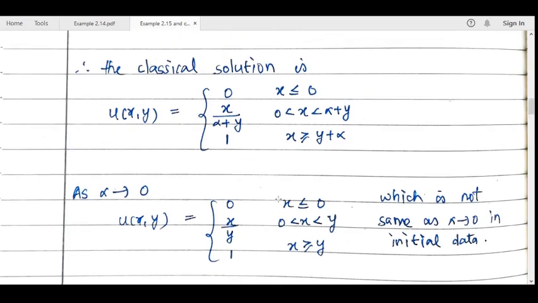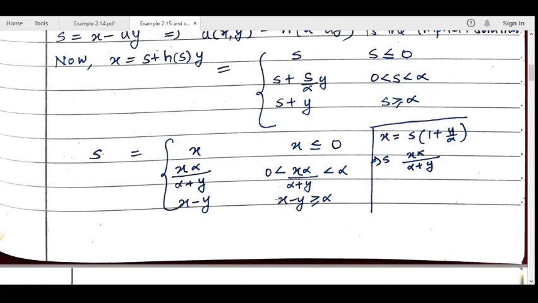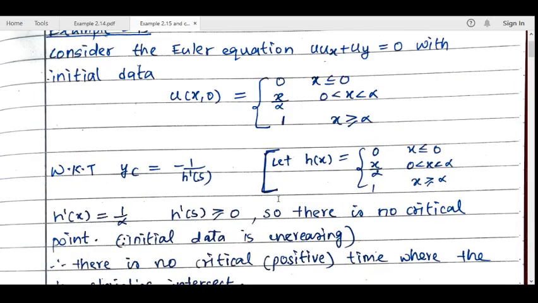But what about the initial condition? You can see that this is the initial condition. When I put alpha tends to 0, the middle term will not be there. So it will be 0 for x less than or equal to 0 and 1 for x greater than or equal to 0.